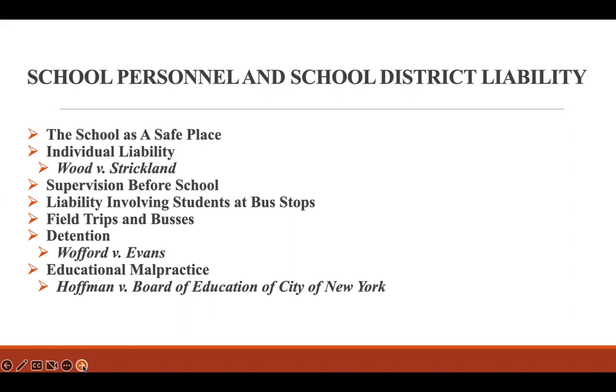And so, detention is another issue where it's a permissible form of punishment if it's administered in a prudent manner, consistent with policy. And these policies typically require parental notification. Wooford versus Evans is a 14th Amendment case from Virginia, where the school failed to notify parents about detaining their child during the investigation of some allegations about their misconduct, and the court held school officials did not violate the parents' 14th Amendment right to due process by not notifying them of detention.